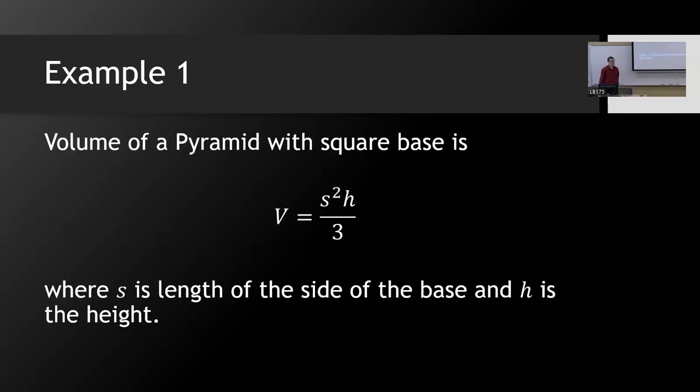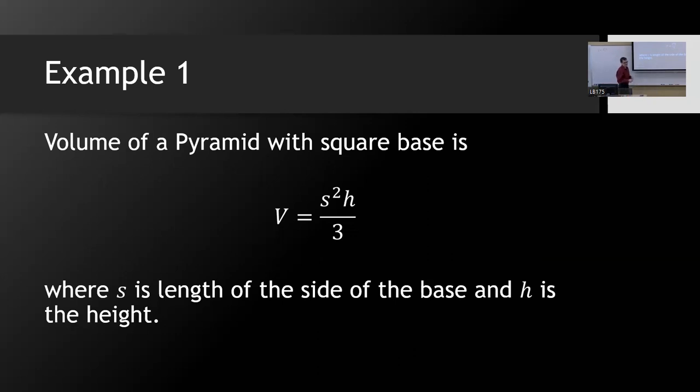All right. So let's take one from geometry. Let's look at the volume of a pyramid. If you looked up the volume of a pyramid with a square base, the volume would be given to you by the following equation: V equals S squared times H divided by 3.